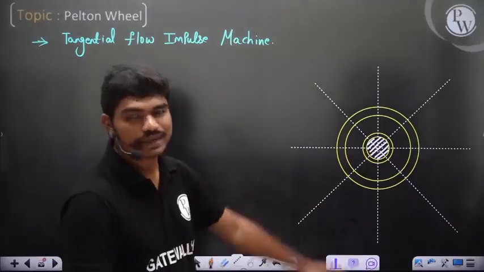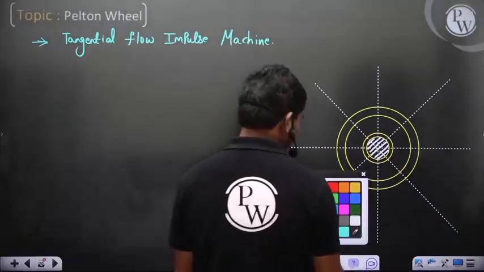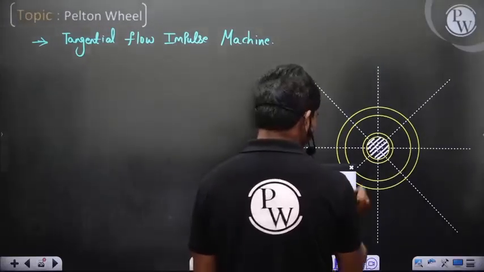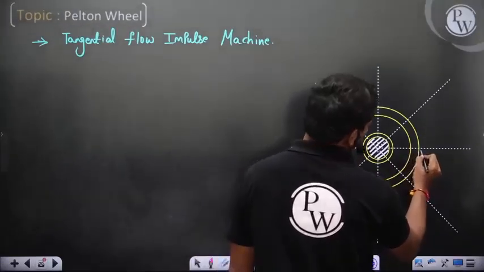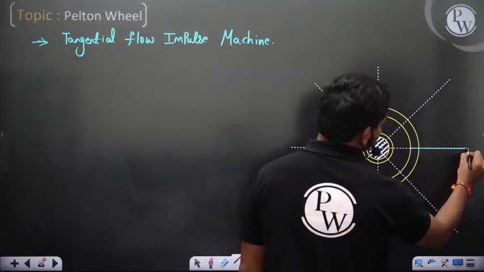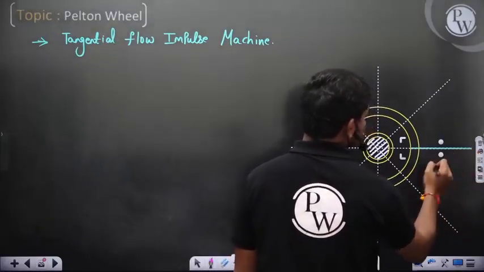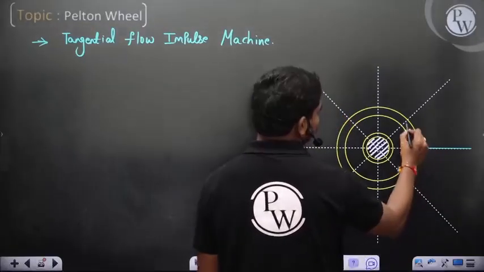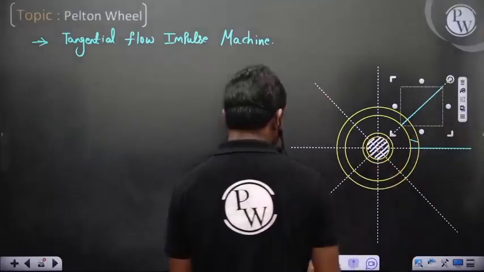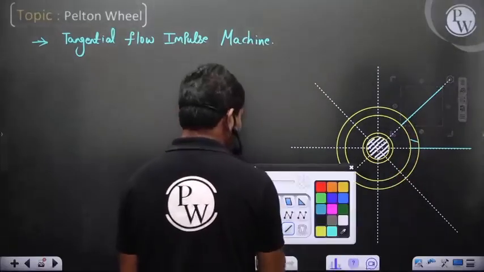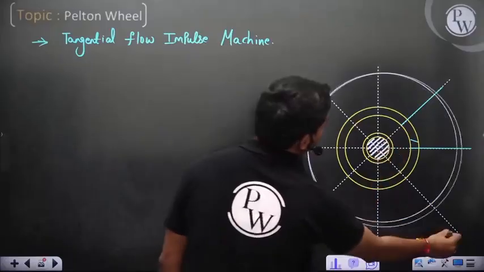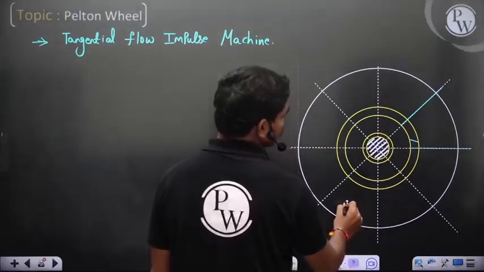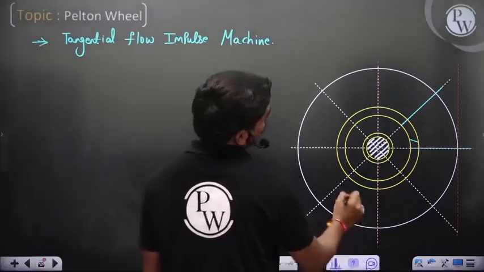It's fine to visualize 8 blades. So I'm drawing the things. Look. Just a second, I'll draw one more circle so that the diagram looks a little good.